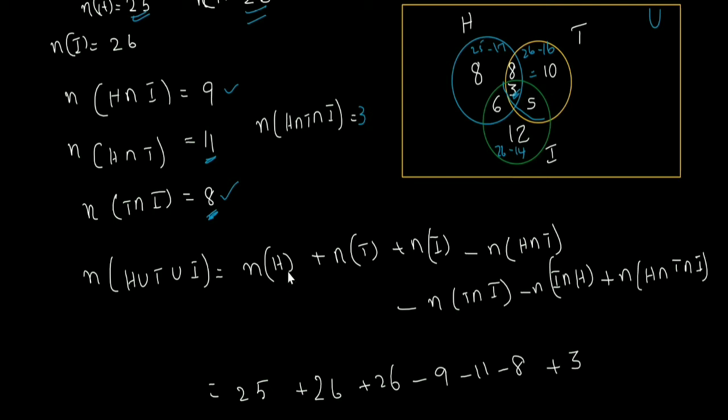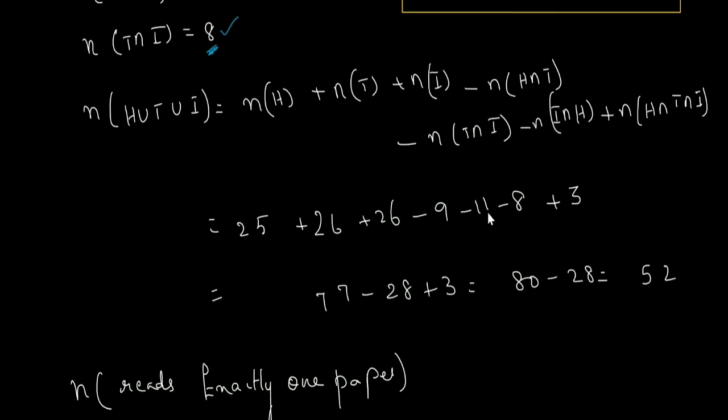Minus what? H intersection T, then T intersection I, then I intersection H. The last one is plus N of intersection of all the 3. So if you write this, N of H is 25, N of T is 26, N of I is 26, H intersection I is 9, this is 11, 8 and 3. Add all these, subtract this, you get the answer 52.